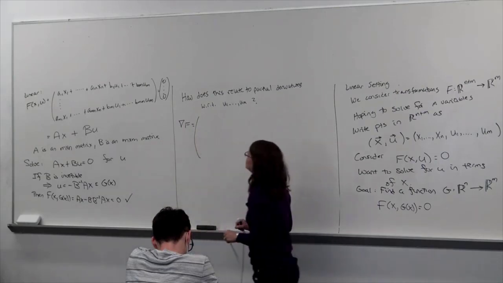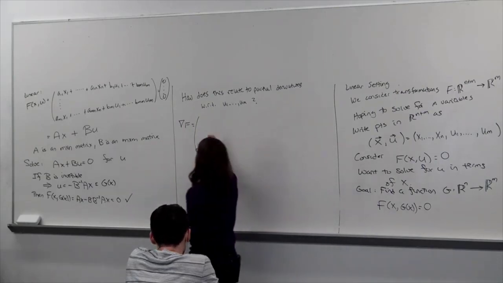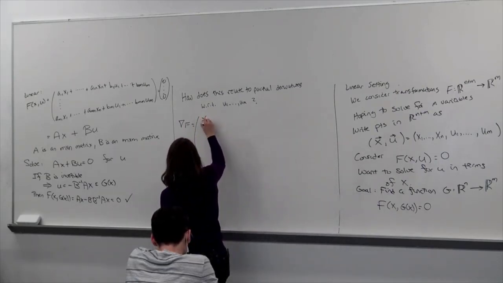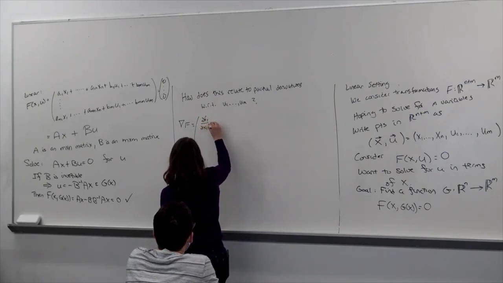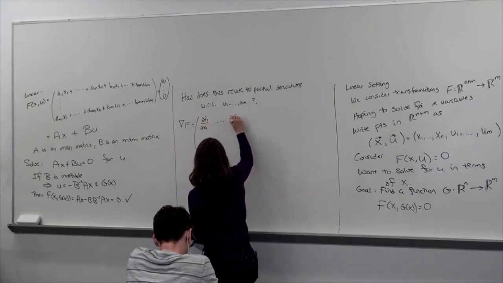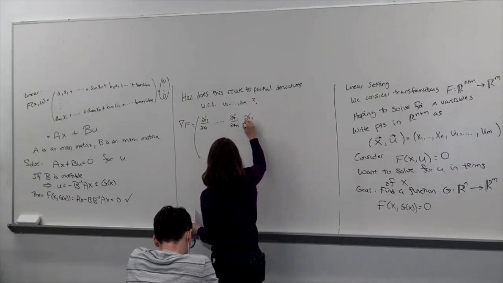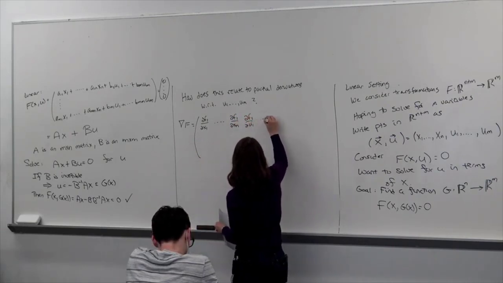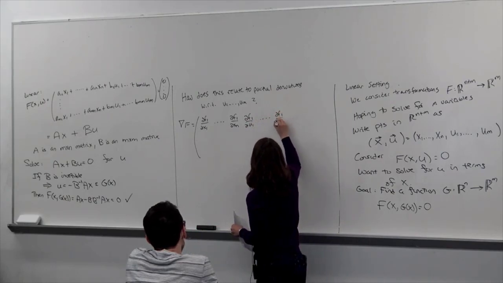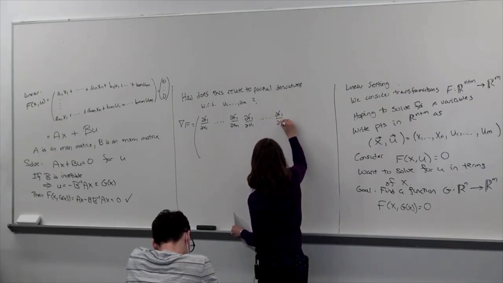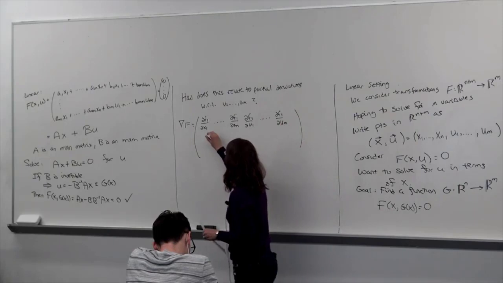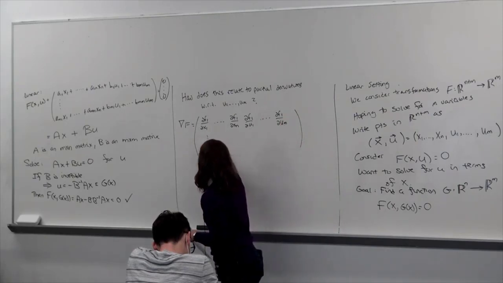Well, we've got a whole bunch of equations. So ∂f1/∂x1 all the way down to ∂f1/∂xn, and then I have to take partials with respect to the u variables. And go down the list and do the same thing for all the other components of f.